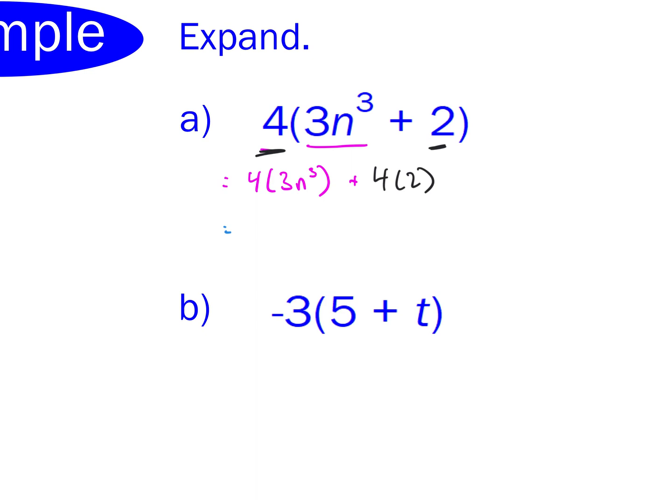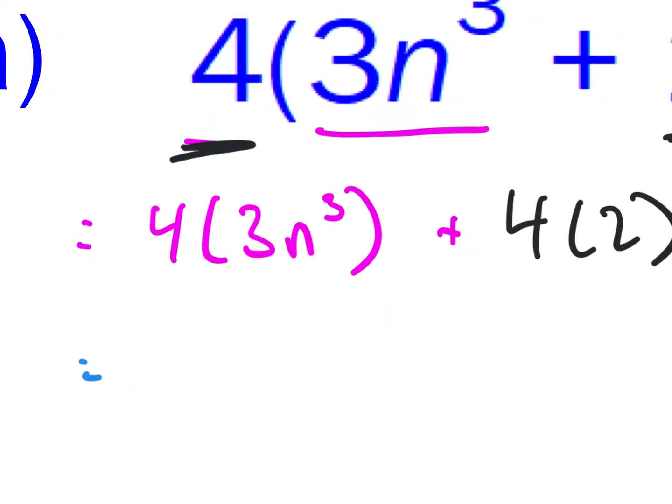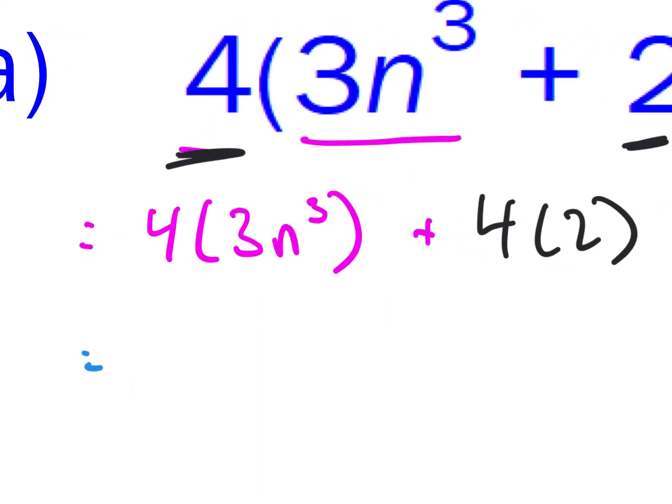When we multiply 4 times 3n cubed, we only look at the number, the coefficient. That's the only thing we're multiplying by 4. So what do we get when we multiply 4 by 3n cubed? 12n cubed.